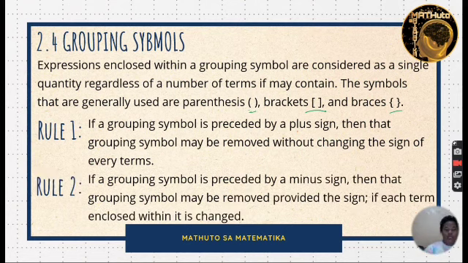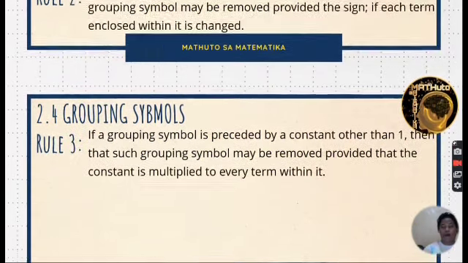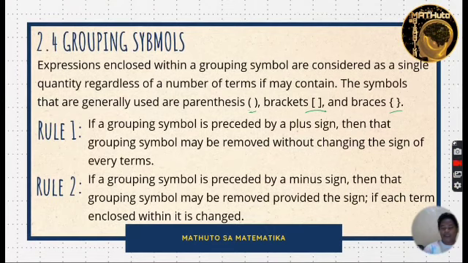Rule 2: if the grouping symbol is preceded by a minus sign, the grouping symbol may be removed provided the sign of each term enclosed within it is changed. So, all signs within the grouping symbol change if we have a minus sign before the grouping symbol.